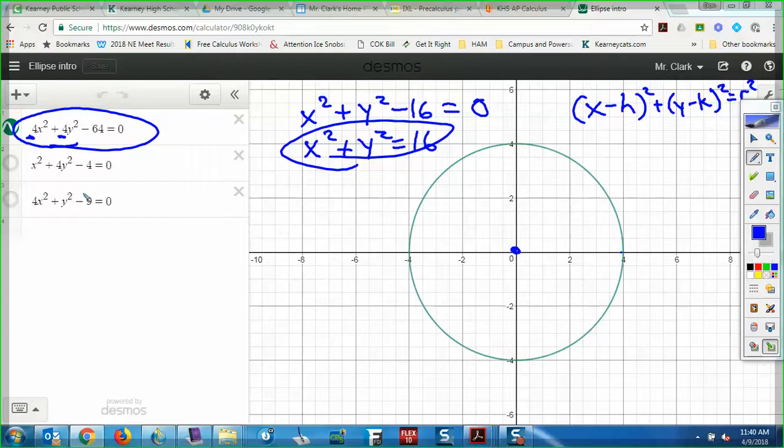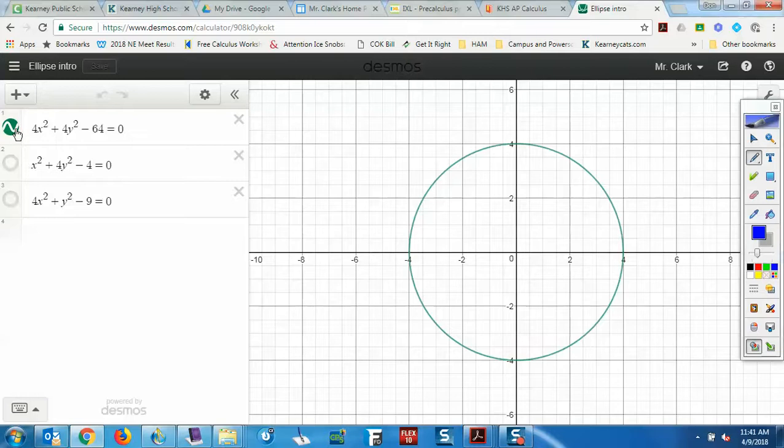If you're going to have a circle, the x squared coefficient and the y squared coefficient have to be the same. Okay? Because when you divide them out, you want a 1 in front of the x squared and the y squared, or it's not going to make a circle. So, look what happens when you have them different.